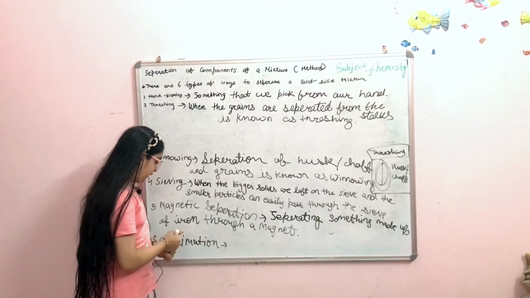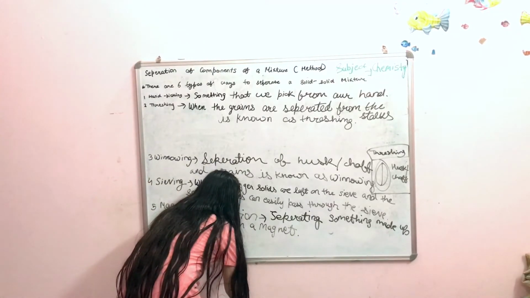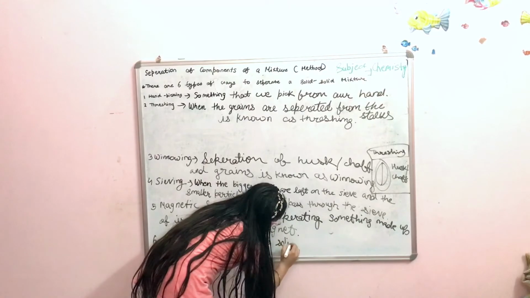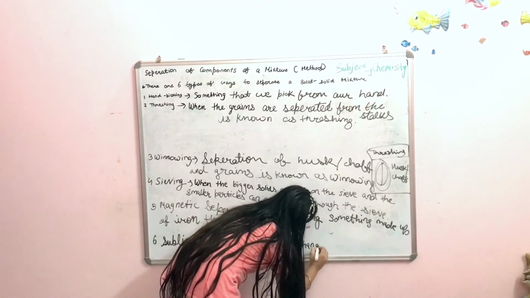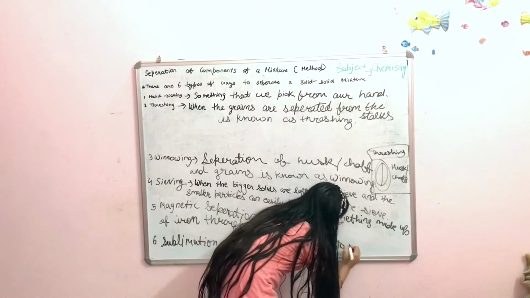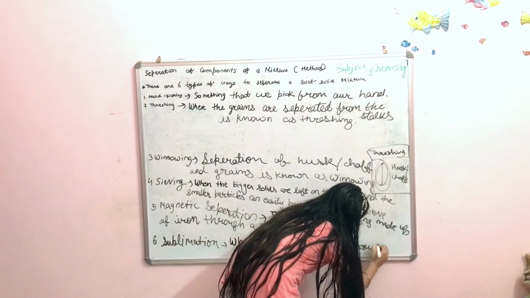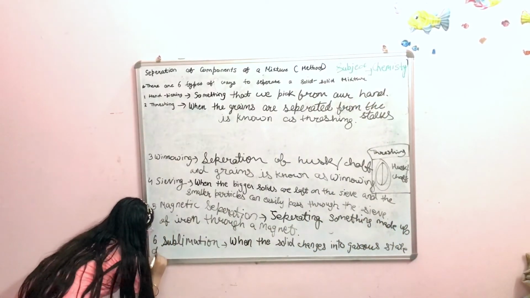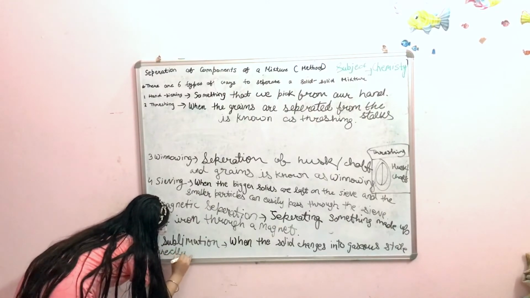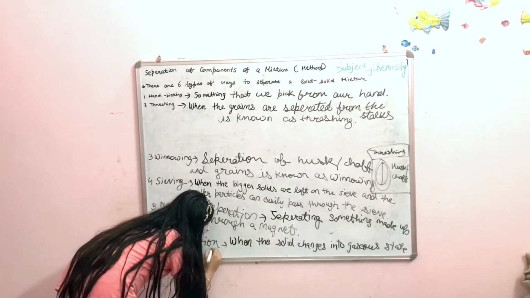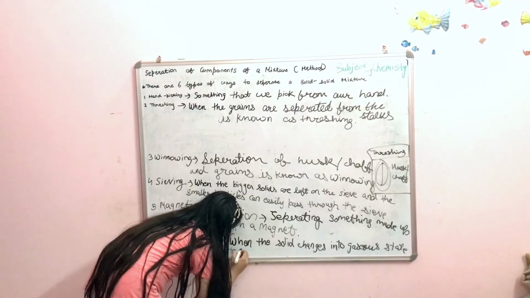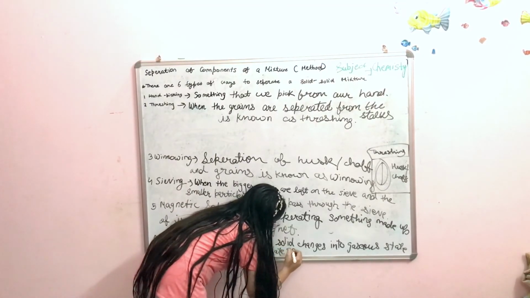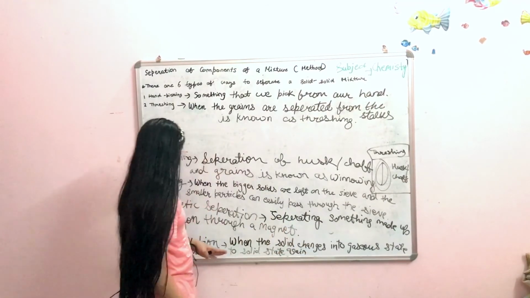So the definition we can write: when the solid changes into vapors, into gaseous state, directly and then to solid state again, the process is known as sublimation.